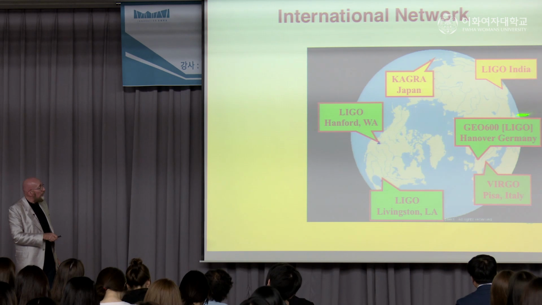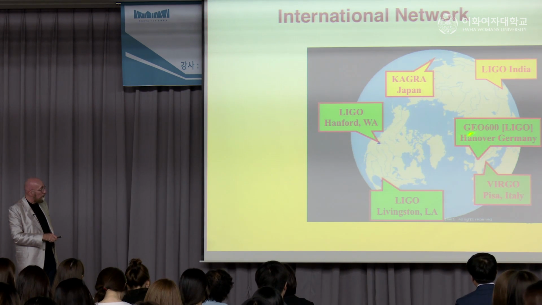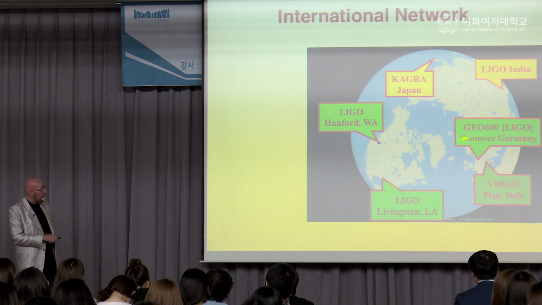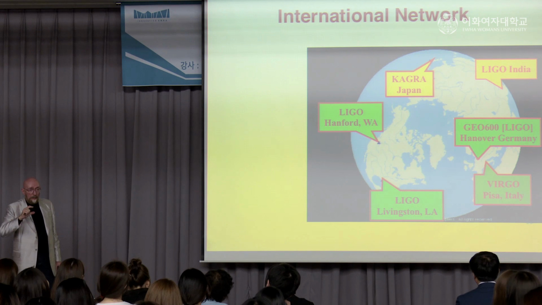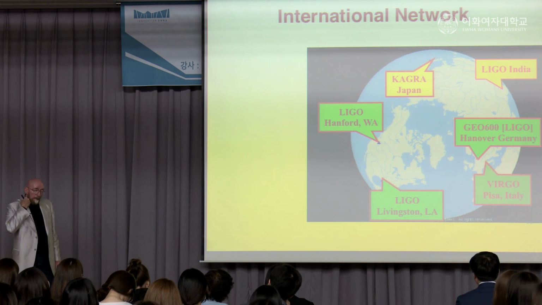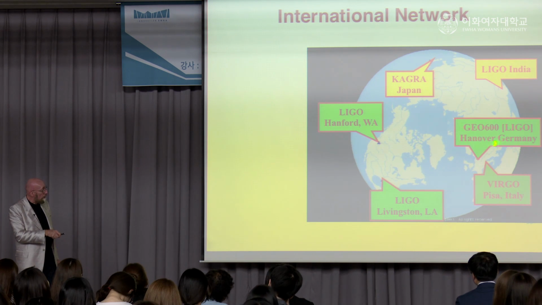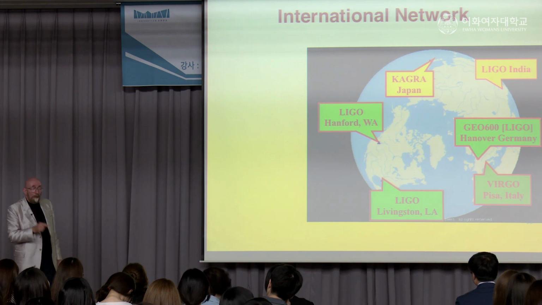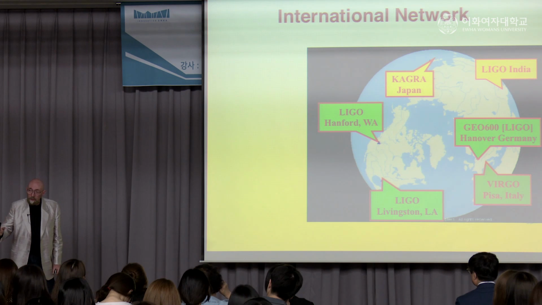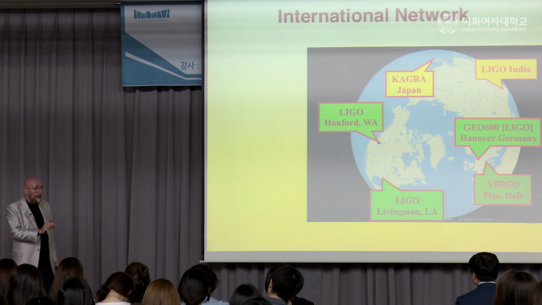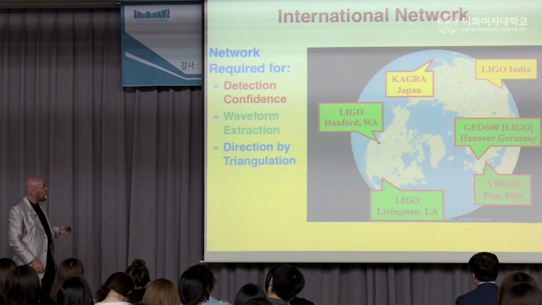And then we have a test bed instrument for developing advanced technology that's part of the LIGO project in Hanover, Germany. We have a very large participation from Germany and from England in LIGO, and much of their contribution is this instrument on which we develop the next generation of detectors while we operate the current generation.